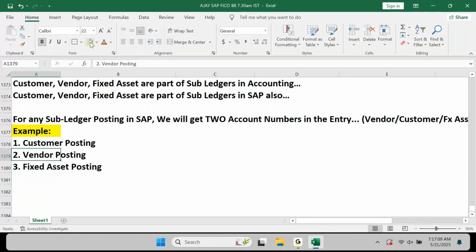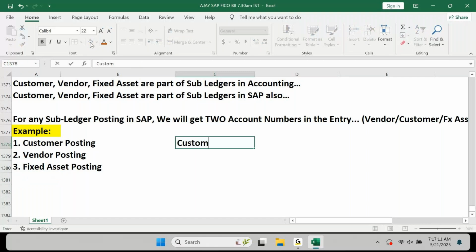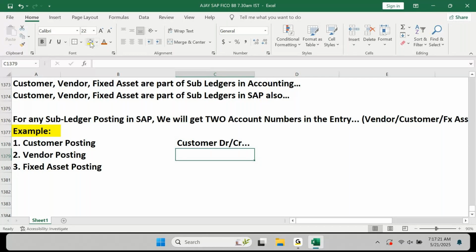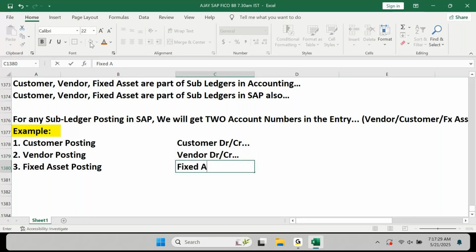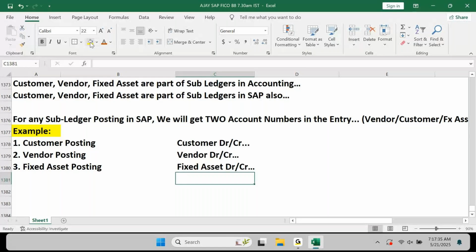In general, for any customer posting, we put customer debit. Am I right? For vendor, vendor either debit or credit. For fixed asset, debit or credit. Are these 3 points clear? When you make any posting to customer transaction, you must debit or credit customer.